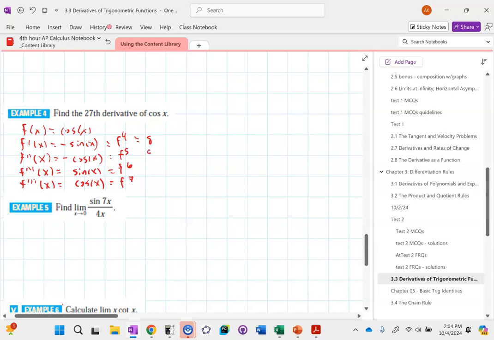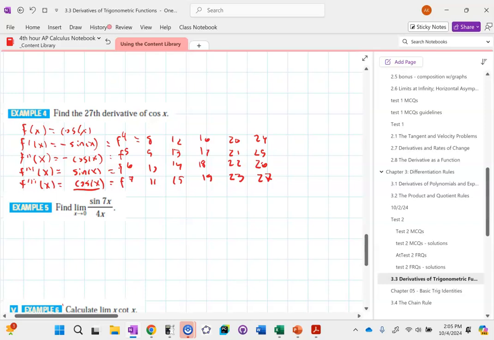This will be the 8th, 9th, 10th, 11th, 12th, 13th, 14th, 15th, 16th, 17th, 18th, 19th, 20th, 21st, 22nd, 23rd, 24th, 25th, 26th, 27th derivative. We'll be back at cosine.